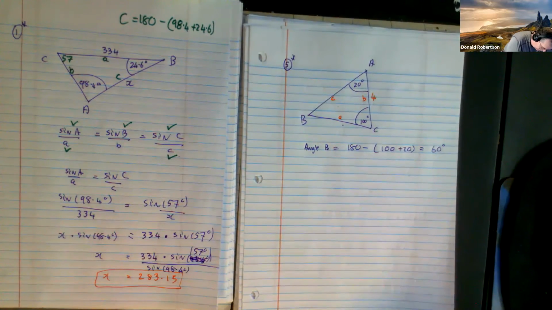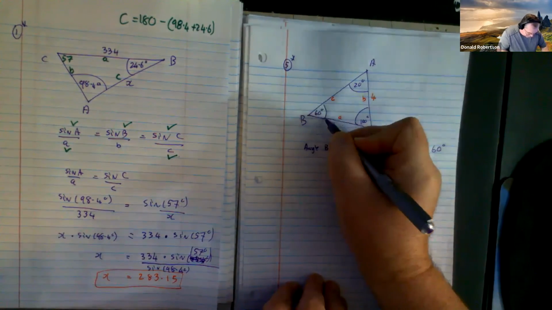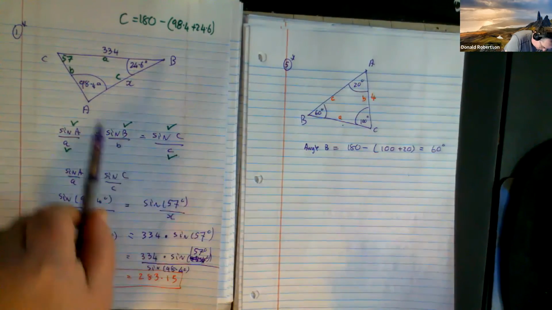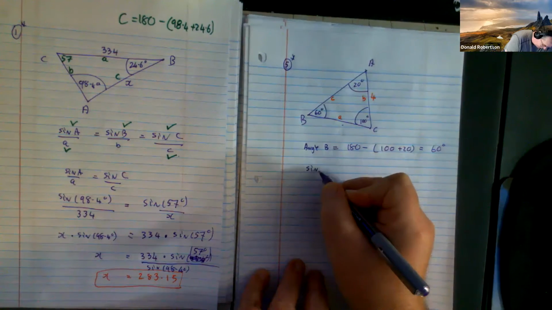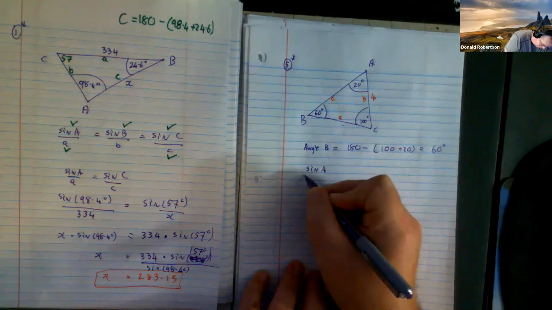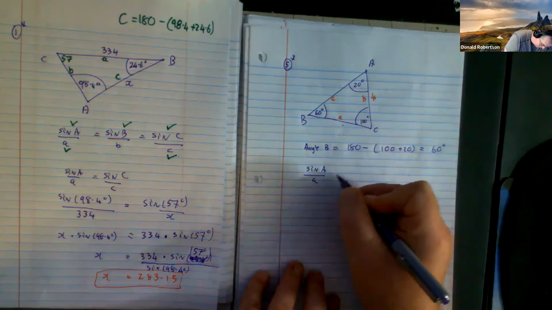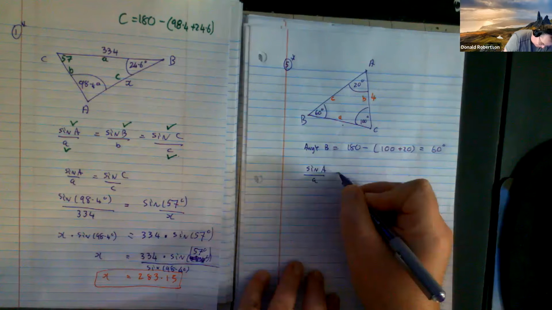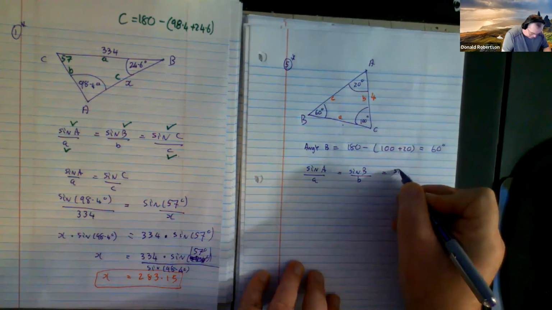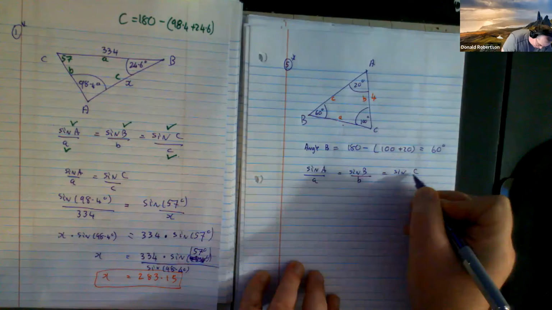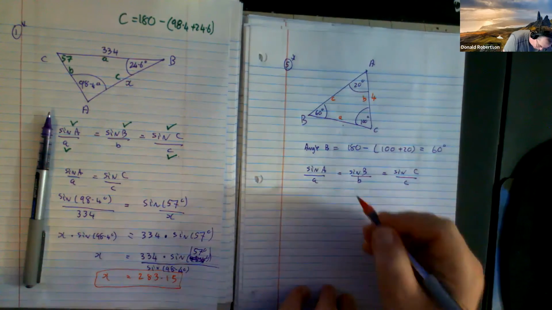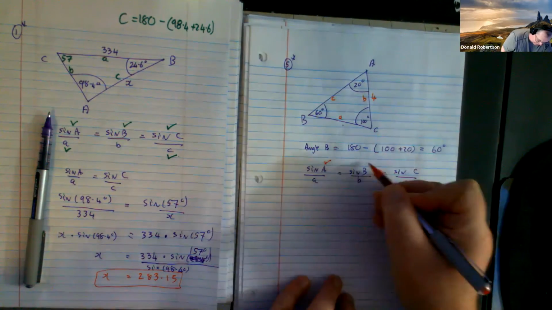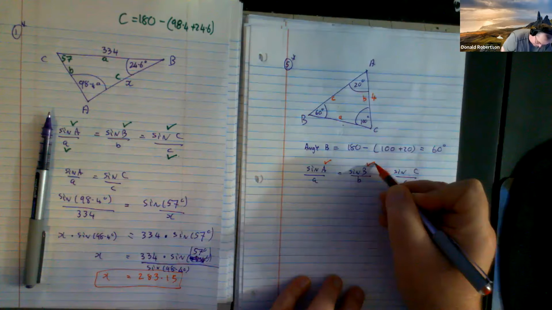And might as well put it in there. And now I'm going to write down the sine rule. And if you check what we know, well, we know all 3 angles. And we also know little b.